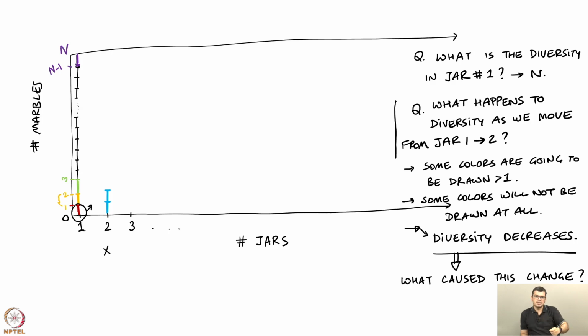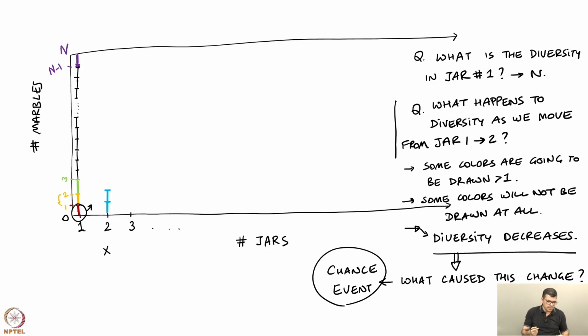Despite that, if I am the red color, I had the same chance of being drawn, yet I went extinct, I was not picked. So, this change in frequency of different colors in the jar is just caused by chance events. And hence chance events are bringing about a change in the color frequency in the jars that I am playing.